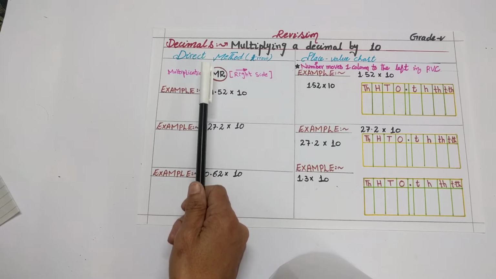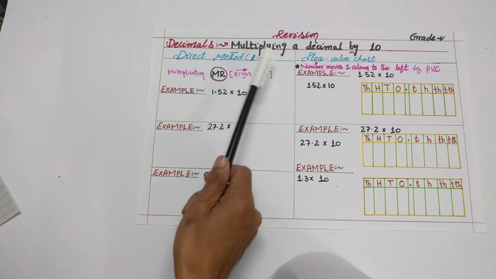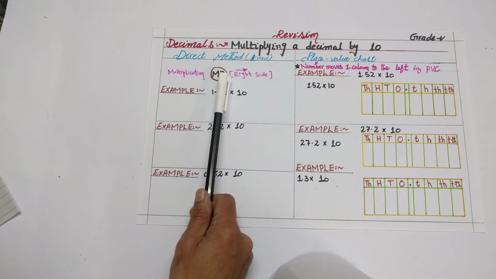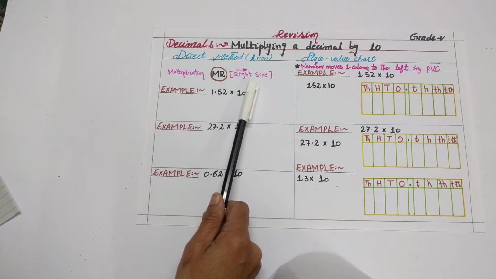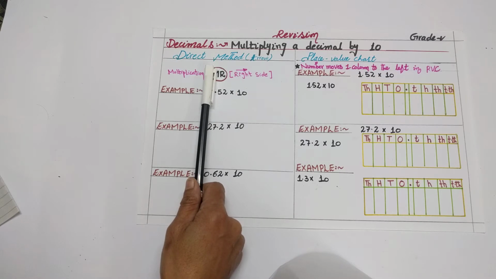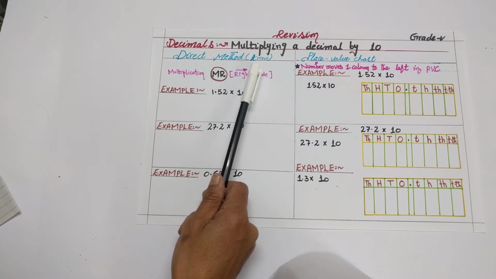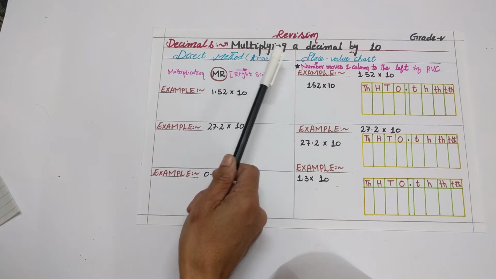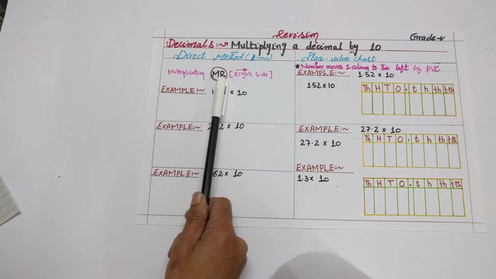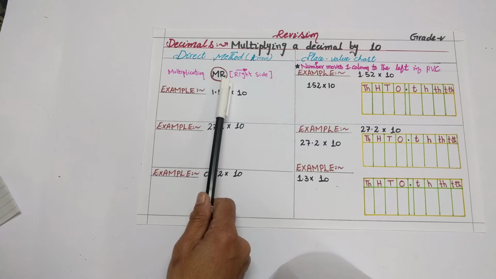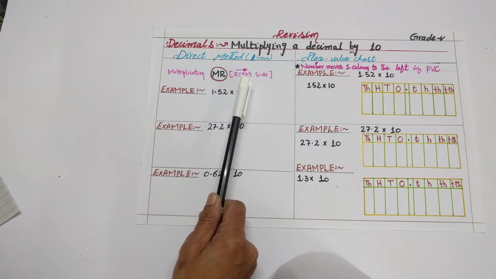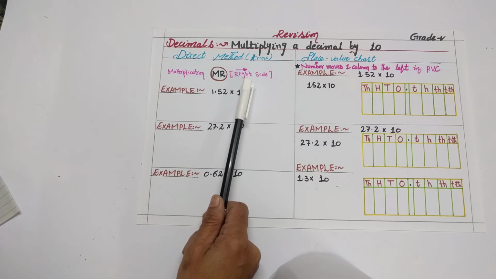Multiplication of a decimal by 10 means moving the decimal to the right side. When you are using the direct method or arrow method to multiply a decimal by 10, multiplication by 10 means moving the decimal to the right side, based on the zeros of the multiplier.